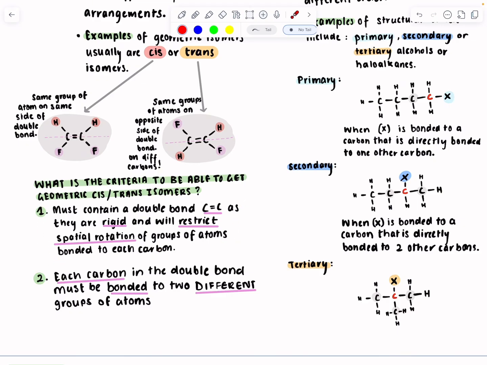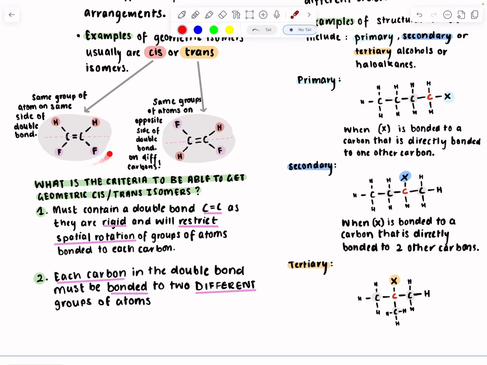The second criteria is that each carbon in that double bond has to be bonded to two different groups of atoms. So you can see here, each carbon for each isomer is bonded to a hydrogen and a fluorine. Each carbon is bonded to a hydrogen or a fluorine.